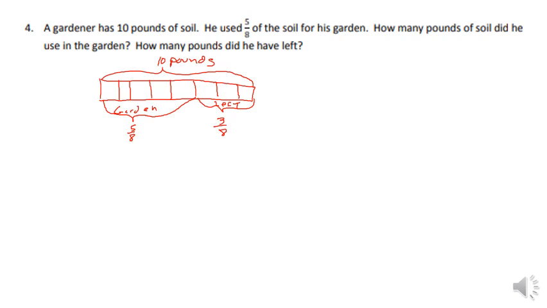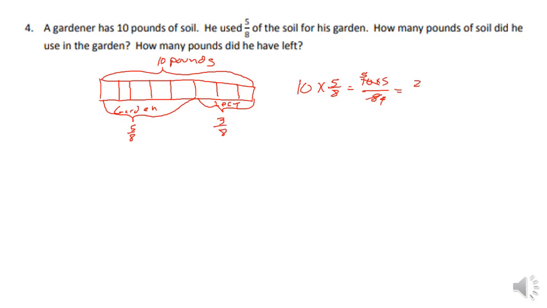Now, it wants to know how much he used in the garden. Well, we can see we have 10 pounds times 5/8, which equals 10 times 5 over 8. 8 cannot go into any of them, but I can use 2. 2 will go into 8 4 times. 2 goes into 10 5 times.